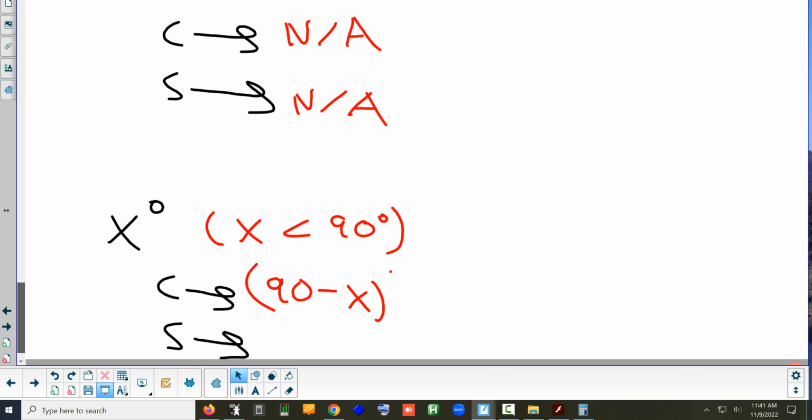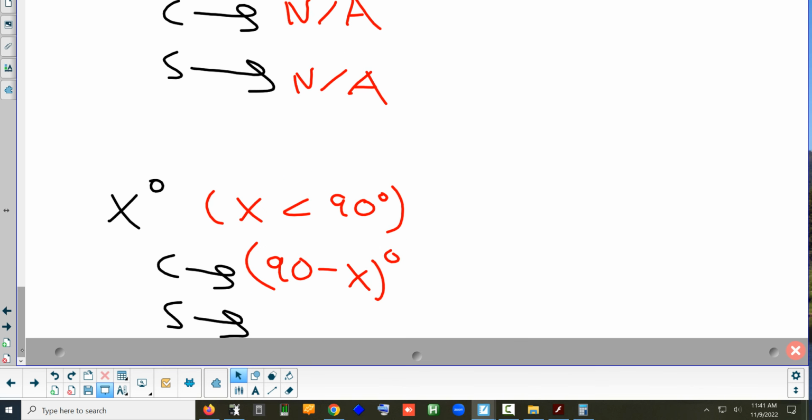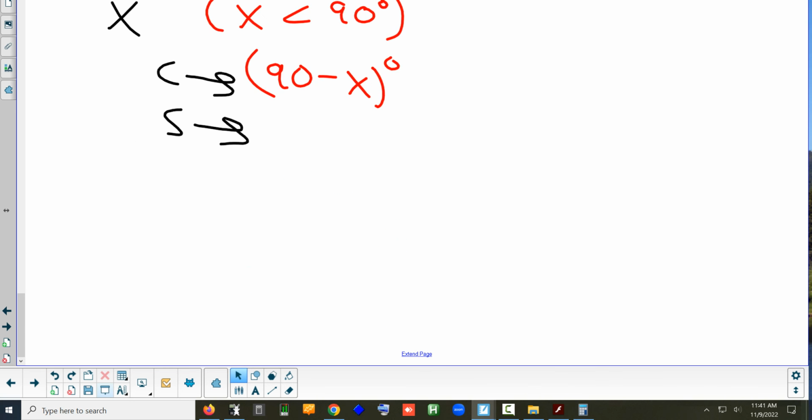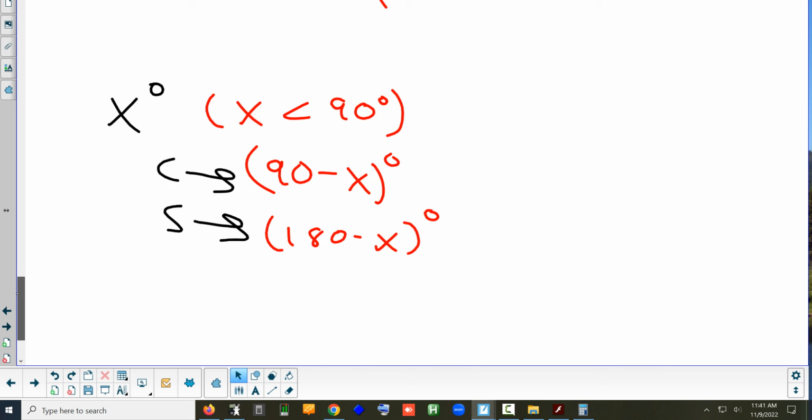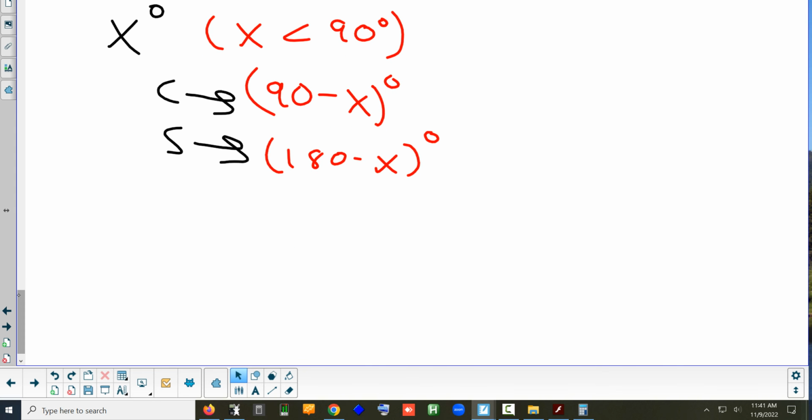You might say, well, what if x is bigger than 90? It's not. How about the supplement? 180 minus x. So that's kind of a general formula for finding the complement and the supplement. 90 minus your angle is the complement. 180 minus it is the supplement. Any question on that?